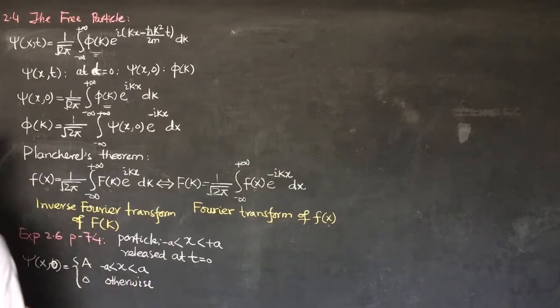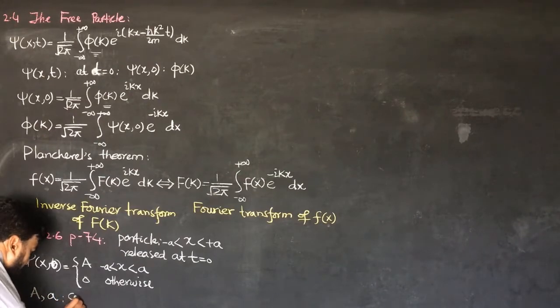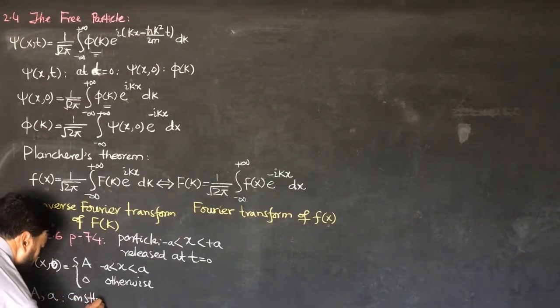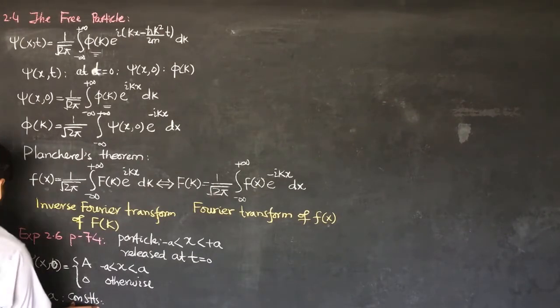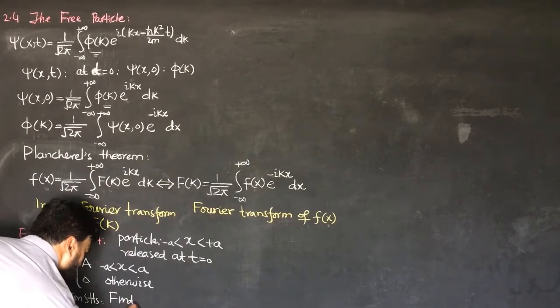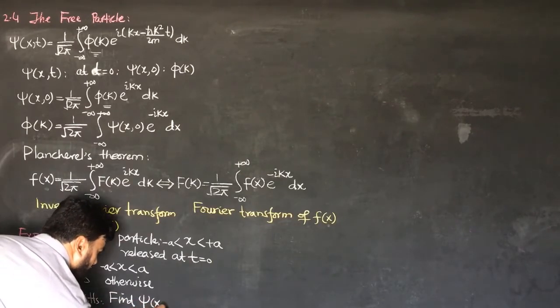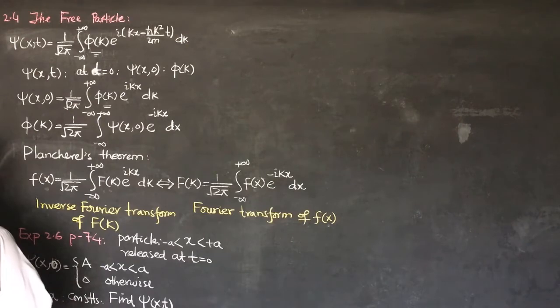So we are having a particle localized first, and here we will have to keep in mind that A and small a are constants, and they are positive and real, and we are supposed to find ψ(x,t), meaning what will happen to the wave function after time t.